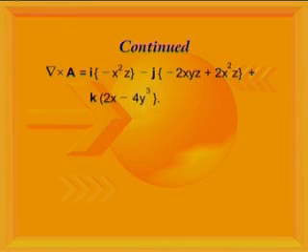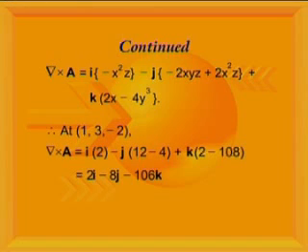We find these partial derivatives, and our result is a vector which is del cross A, whose ith component is -x^2 z, and whose jth component is -2xyz + 2x^2 z with the negative sign, and the kth component is 2x - 4y^3.